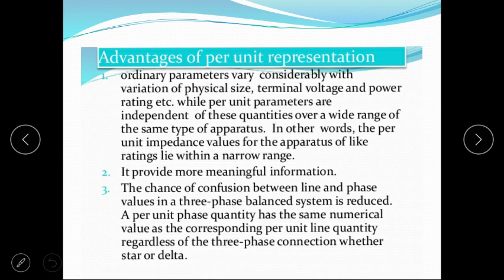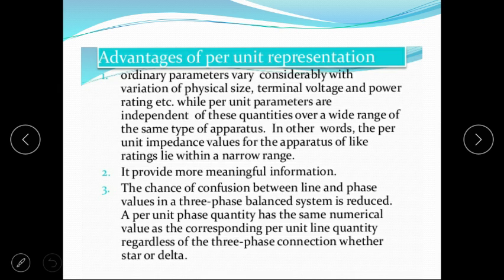In other words, the per unit impedance value for apparatus of a given rating lies within a narrow range. Second is, it provides more meaningful information.